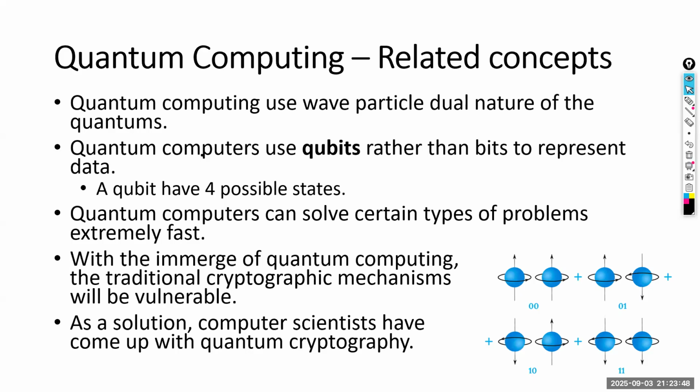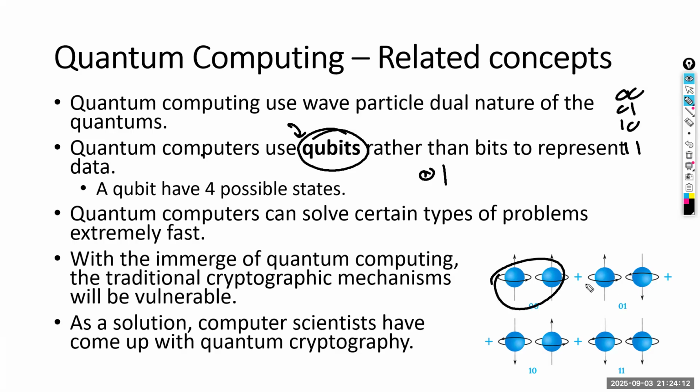In quantum, when we develop a processor based on quantum mechanics, they have four states. Therefore, we call it qubits. Q coming from four, rather than bits, which is 0 or 1. Now we have qubits, which can be 00, 01, 10, or 11.